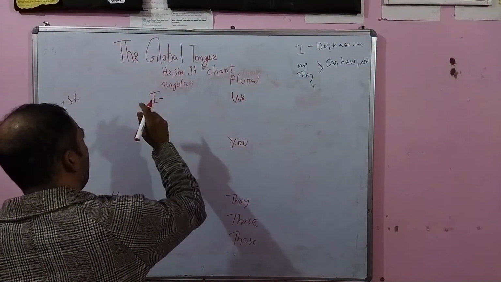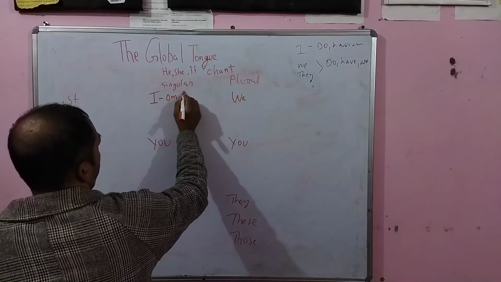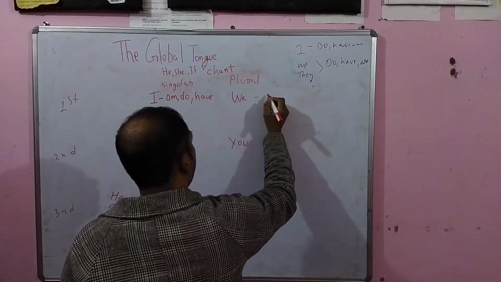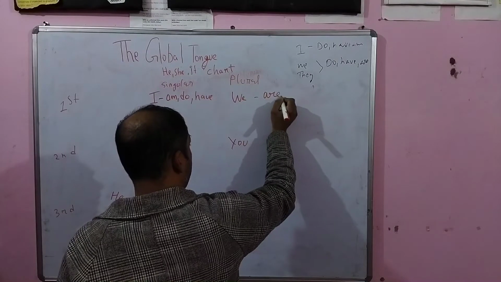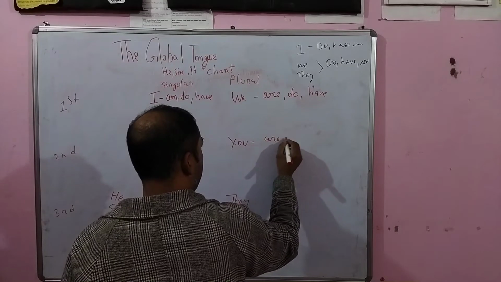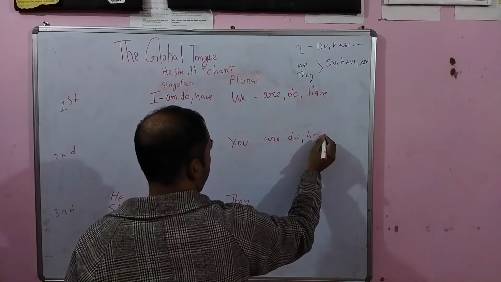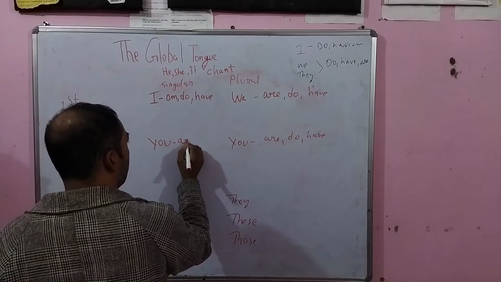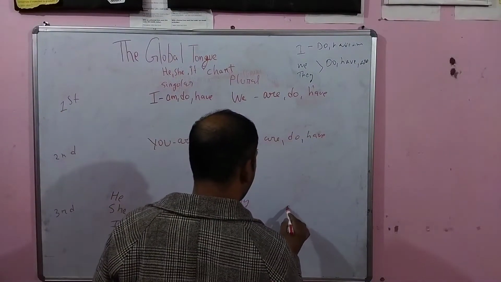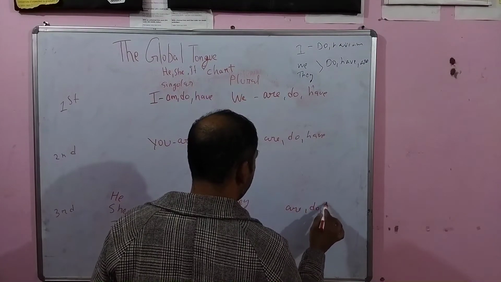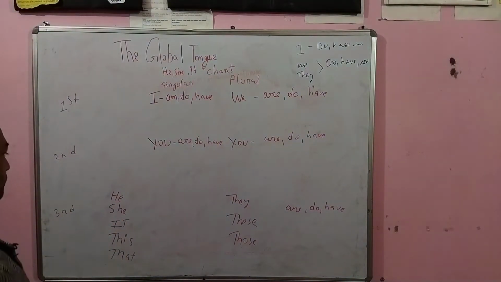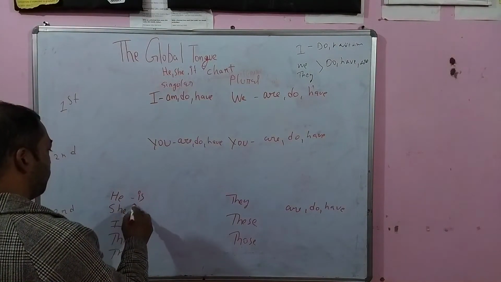I's friend is am, we's friend is are, and in the same way, this one again is are, and this one as well is are. Even they have friends. So friend is friend.